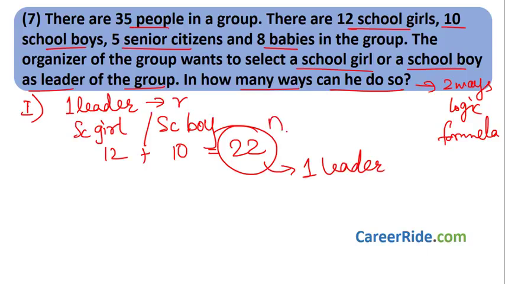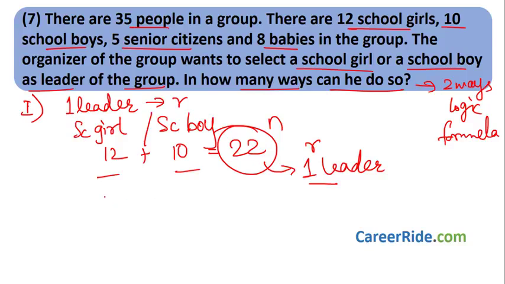So N is nothing but 22. We have to select R things out of N. So we have to select one leader out of these 22 only. We don't want 35 people, because 35 includes 5 senior citizens and 8 babies. But the leader should be a schoolgirl or a schoolboy. So we want to select one leader from 22 people, right?